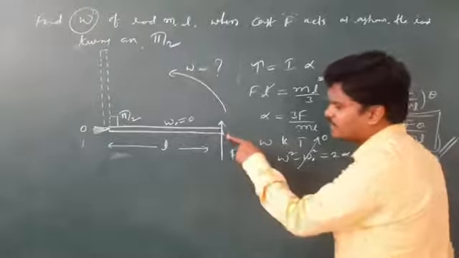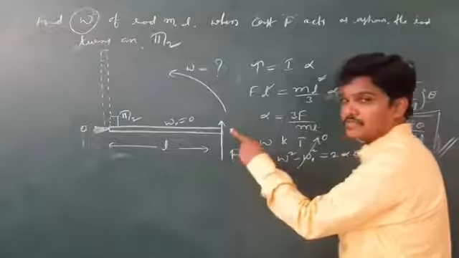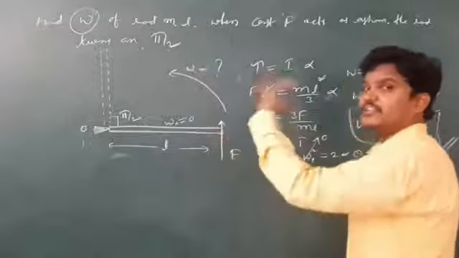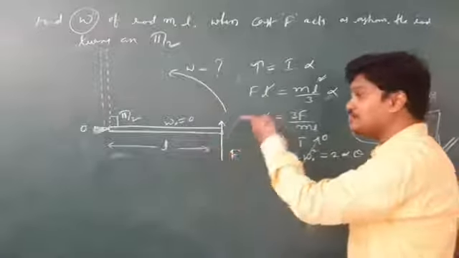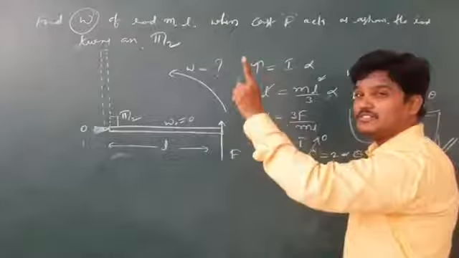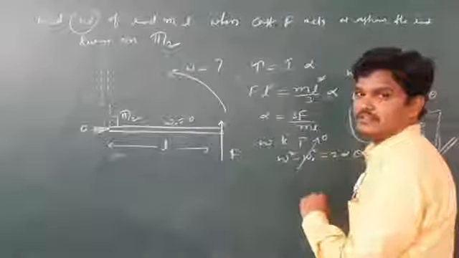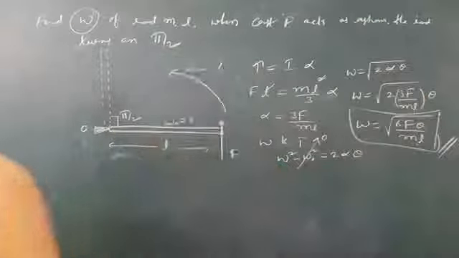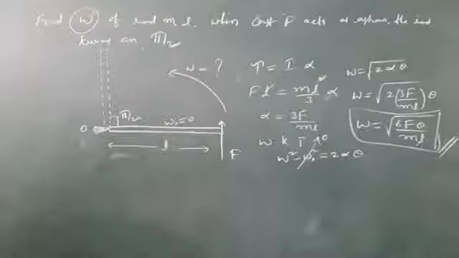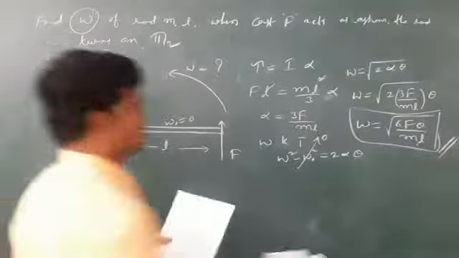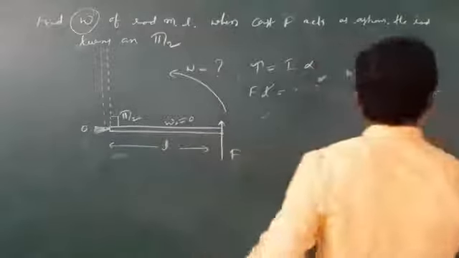In the same way, if this force acts somewhere after the rod has rotated some angle, then due to that force the rod turns some more angle. Of course, initially the rod is horizontal. Let me give the data for the next question.